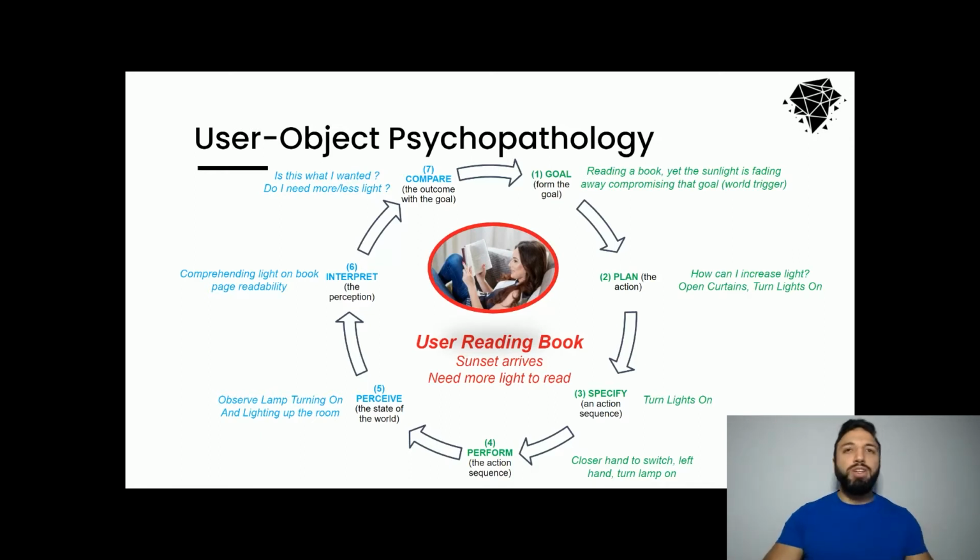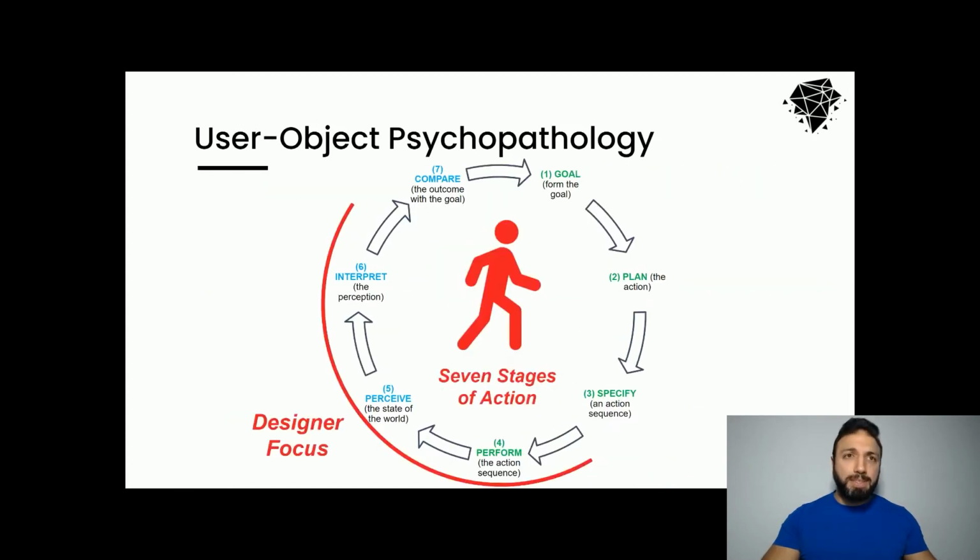This is a very good example, again, laid out by Don Norman in the book. But the idea for me is, where should the designer focus? The designer is very much like the product that you're designing.